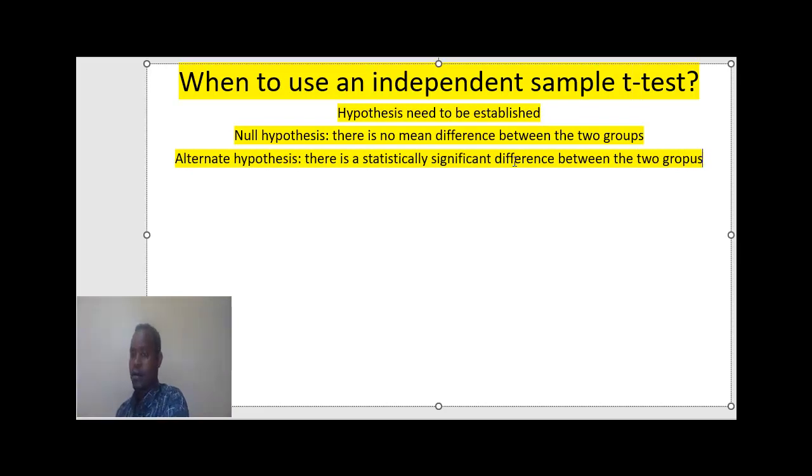Okay, it is the opposite of the null hypothesis. And finally, the purpose of independent sample t-test is either to reject or accept the null hypothesis.